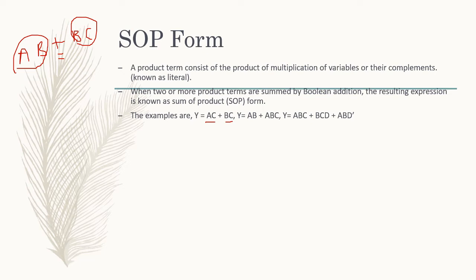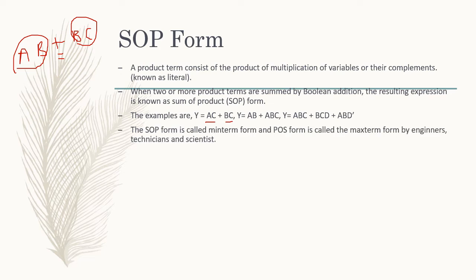In this way, if we are taking the sum of the product terms, that is the SOP form of the equation. Now the SOP form is also called the min term form, whereas POS form is called the max term form by engineers, technicians and scientists.